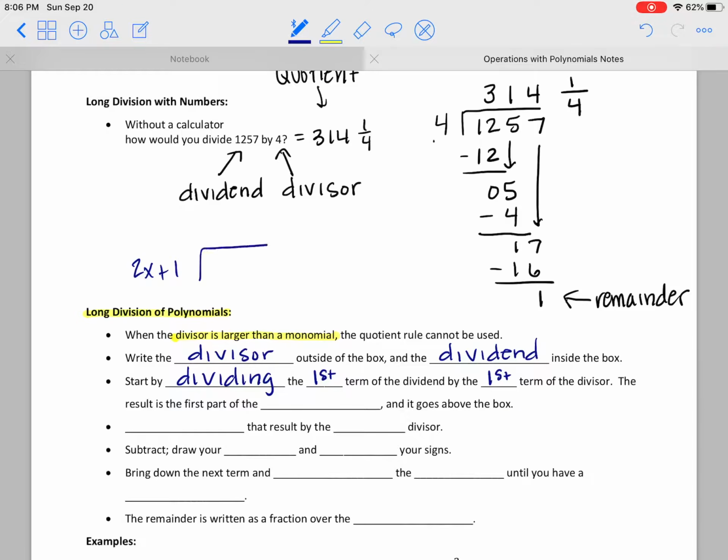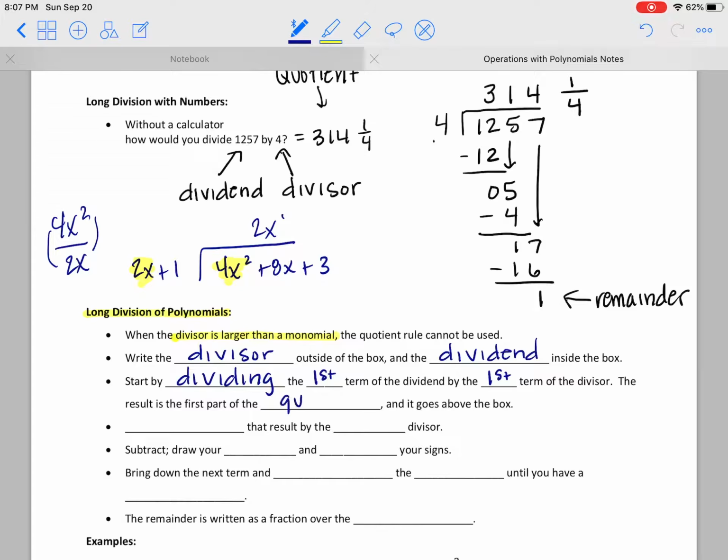So if I have, let's say, a 2x plus 1 going into a 4x squared plus 8x plus 3, I will only be dividing the first term of the dividend by the first term of the divisor. So I would take 4x squared and divide it by 2x. That's my quotient rule. I would get 2x to the first, and that would be the first part of my answer. Okay? Don't write that on your notes because I'm going to erase all that, but just so you can see what I'm saying.